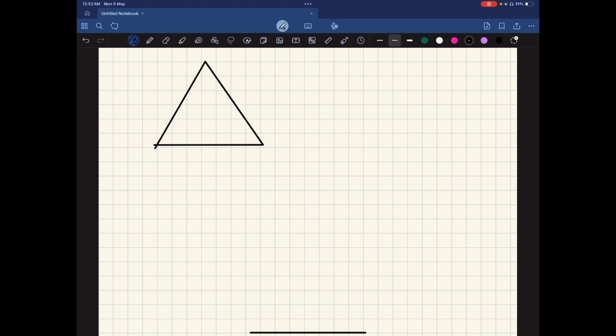Okay, so the formula for calculating the area is half into base into, generally we call height, but I'm going to write perpendicular height so we have no confusions in understanding the fact that the height is always perpendicular to the base. The height must be at 90 degrees to the base, always.